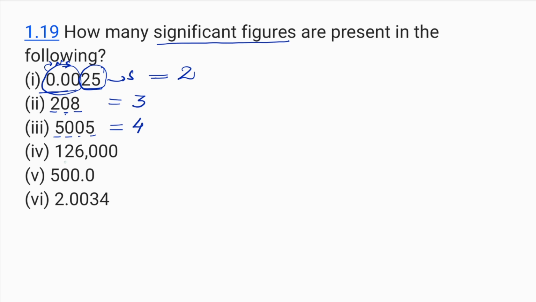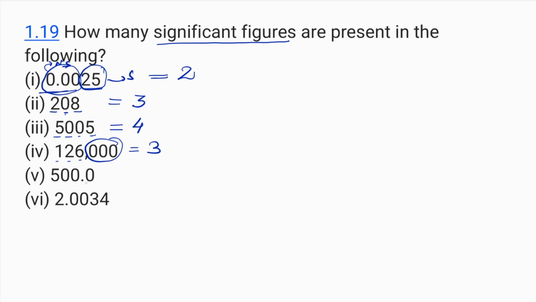Let's talk about this question. Remember that if non-zero digits are on the left hand side and zeros are on the right hand side and there is no decimal, these zeros are considered non-significant. So there are only 3 significant figures, which are 1, 2 and 6. Let's go to this one.